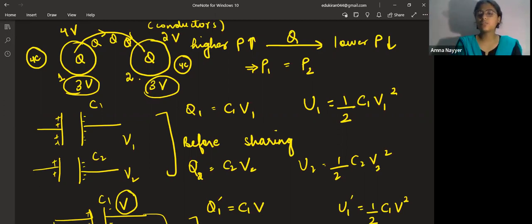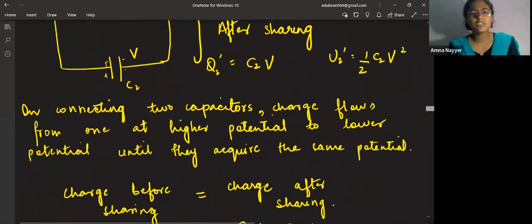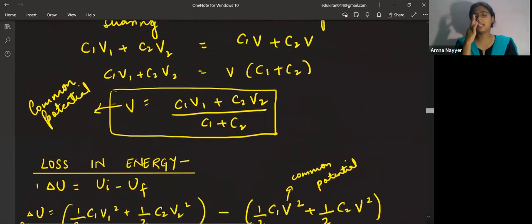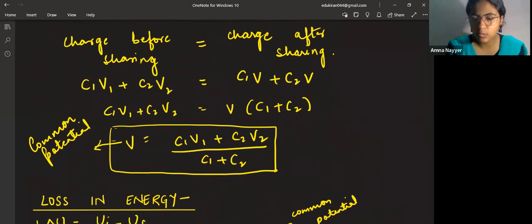So what is common potential? Two capacitors were there. They are now connected. If they are connected in parallel, one single potential will be generated. That is the common potential. Here this formula is enough: C1 V1 plus C2 V2 by C1 plus C2. But instead of remembering this common potential formula, it's better to remember that charge before sharing is equal to charge after sharing.